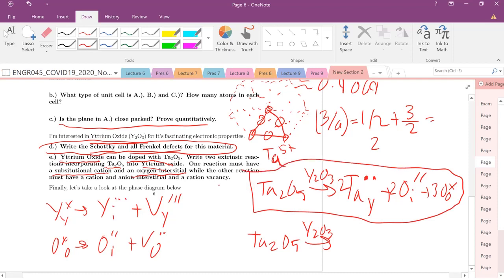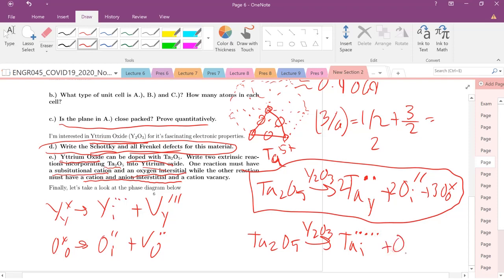Now, the other reaction must have a cation interstitial, an anion interstitial, and a cation vacancy. So we need a cation interstitial. So we are going to put our Ta, we're inserting that into an interstitial. So that's going to be a plus 5 charge. And an anion interstitial.